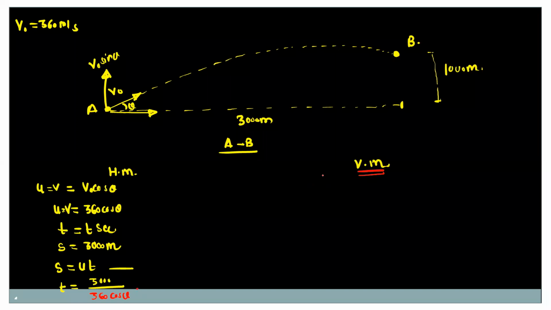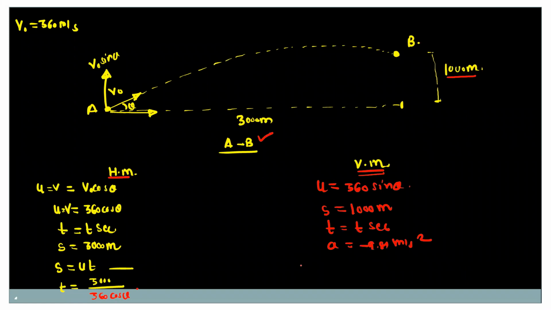Now consider the vertical motion. For the vertical motion, the initial velocity in the y direction is equal to 360 sin theta. Then displacement is equal to 1000 meter. The time taken will be the same for horizontal motion and vertical motion from point A to B, so it is T second only. Acceleration is minus 9.81.